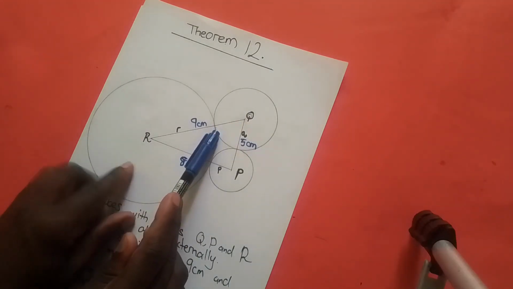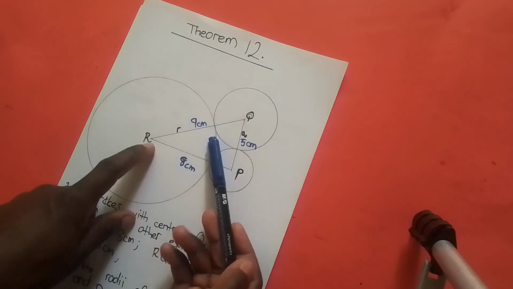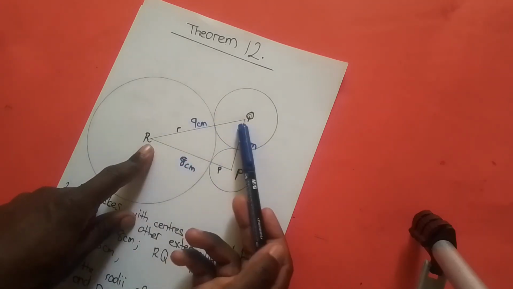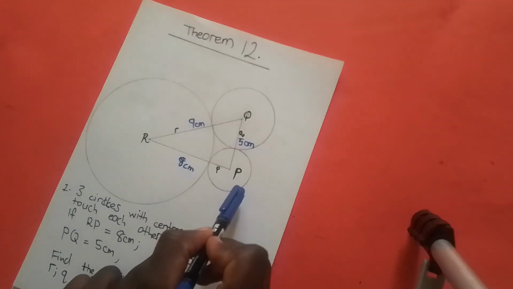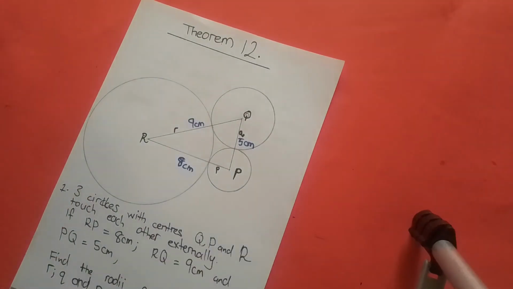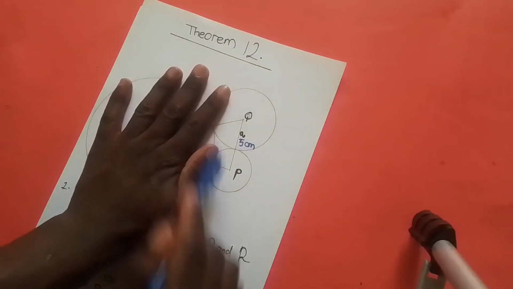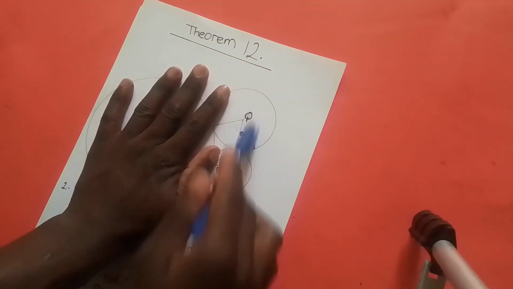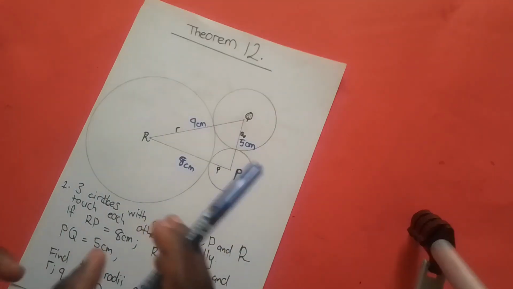The circle centers and the point of contact are collinear, meaning they lie on the same line. If we ignore the bigger circle, we see that the small circle and the slightly bigger one, their centers and the point of contact are always collinear. So that's what theorem 12 is all about.